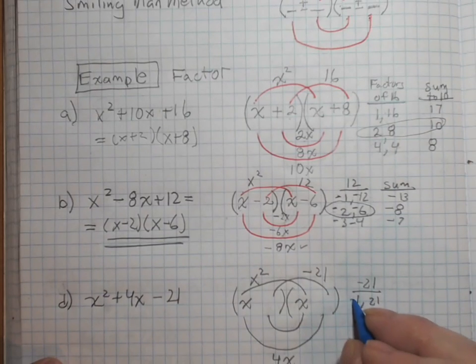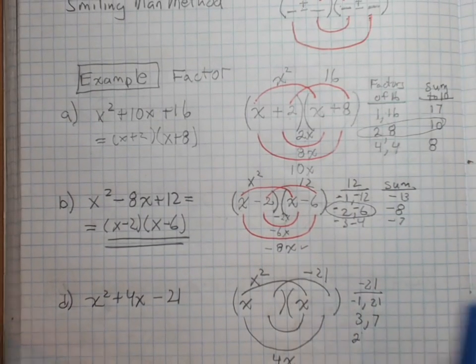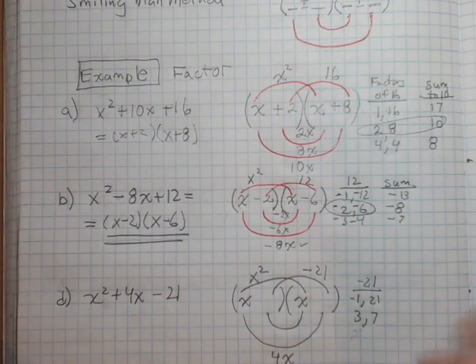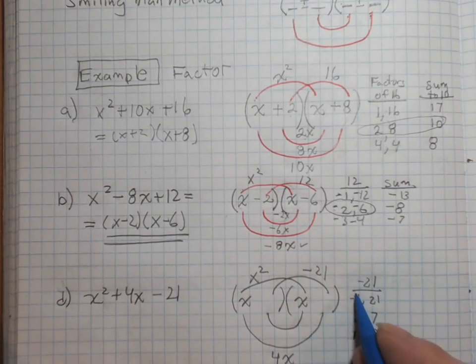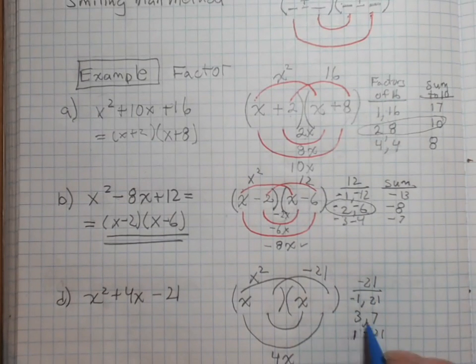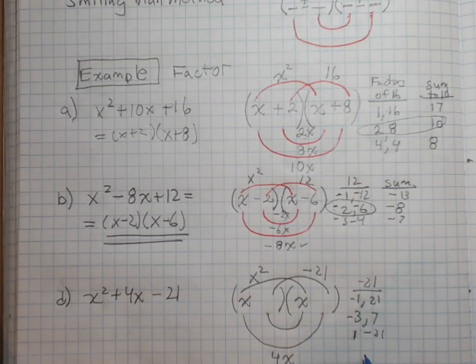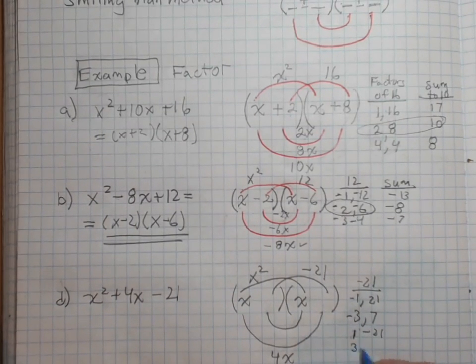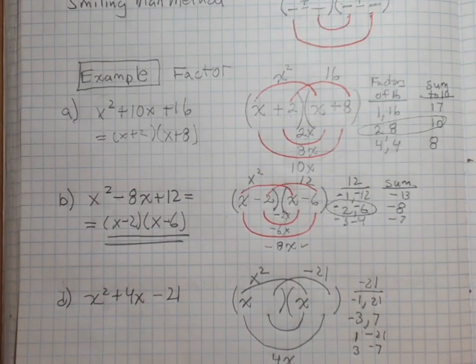So I could do negative 1 times positive 21, or positive 1 times negative 21. So just one of these has to be negative. Here with the 3 and the 7, I could make the 3 negative and keep the 7 positive, or switch it, 3 positive and 7 negative. So there's 4 different possibilities.